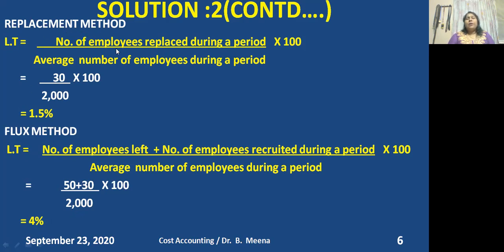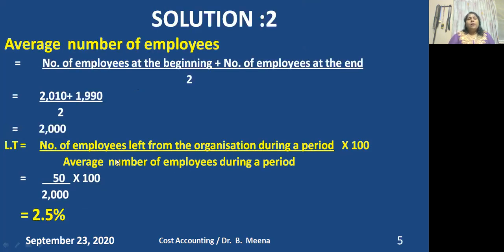Replace, we consider only the replace. But as per the problem, since no information is given regarding the replace, I can consider the recruited as assumed as replaced. Okay. So flux method means we can consider both how many of them went out, how many of them gone into the company. That is flux method. But separation method will consider only how many of them left from the organization.